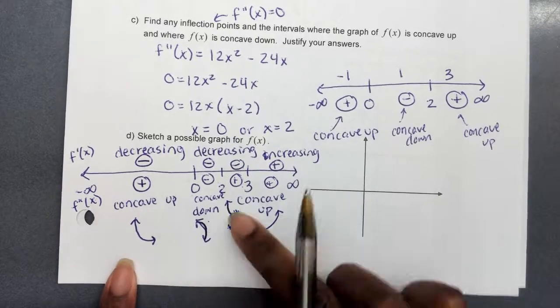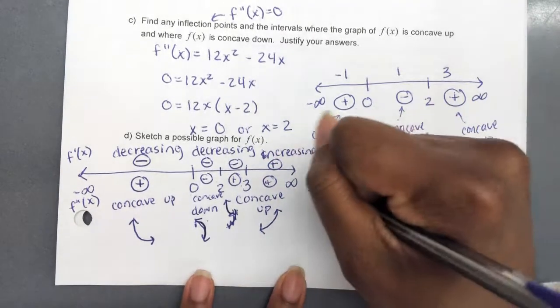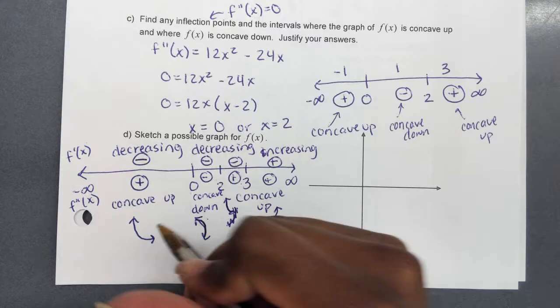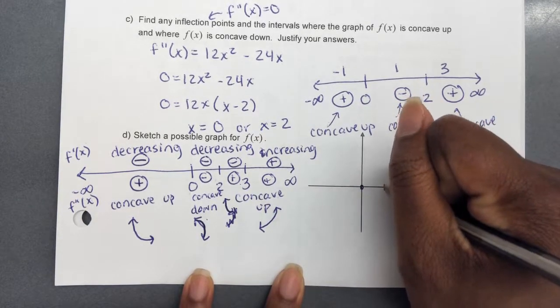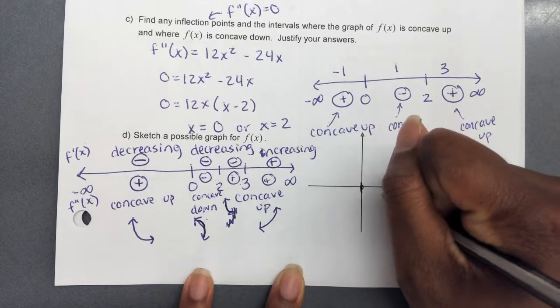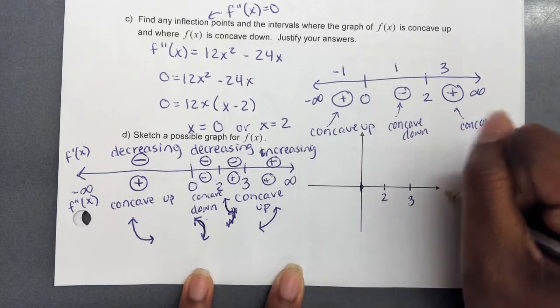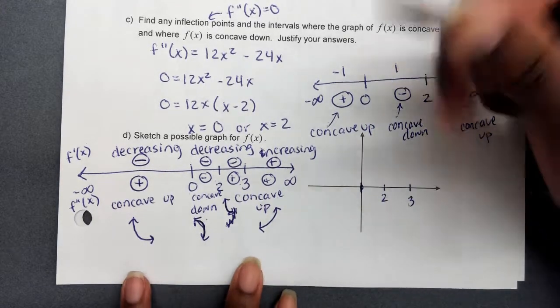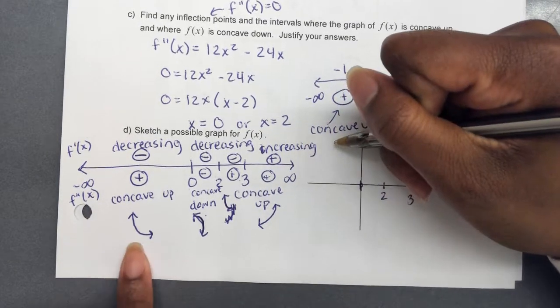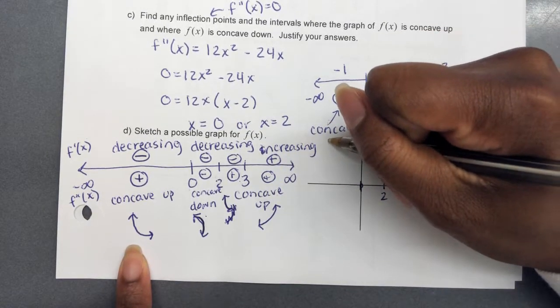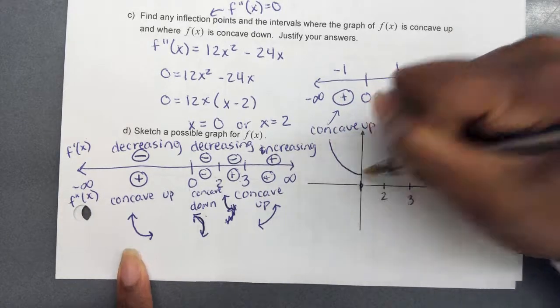So we're going to put all 4 of these pieces together on this graph at the different points. So we have 0, we have 2, 3, and then this goes on for infinity. So from negative infinity to 0, our graph wants to look like that. So let's make that happen.